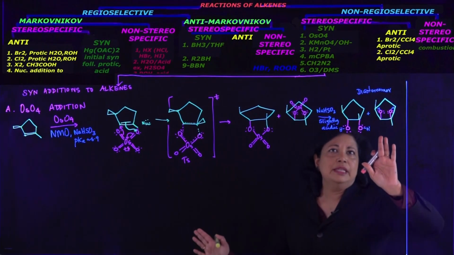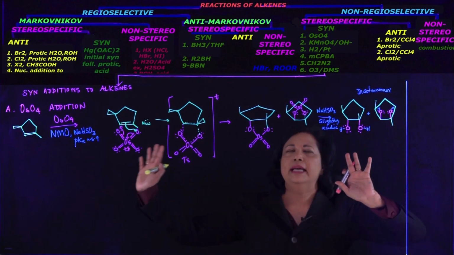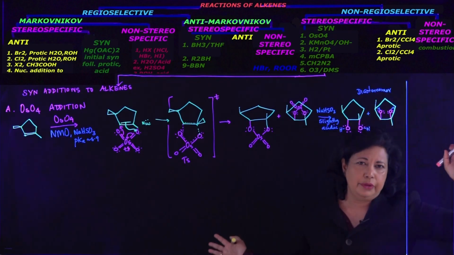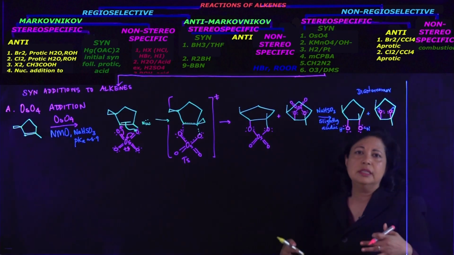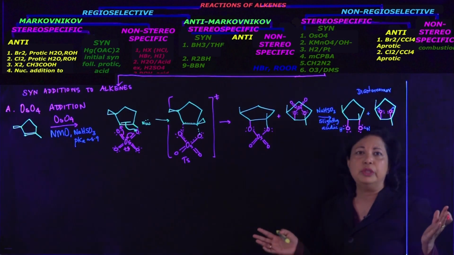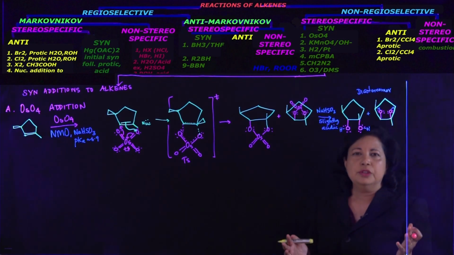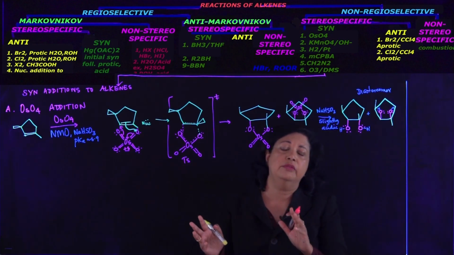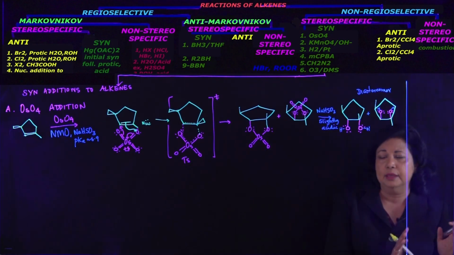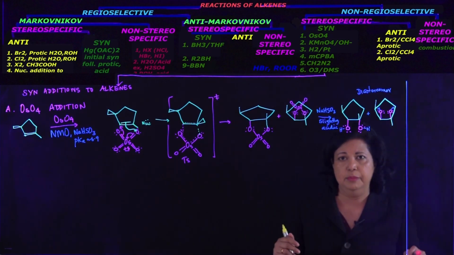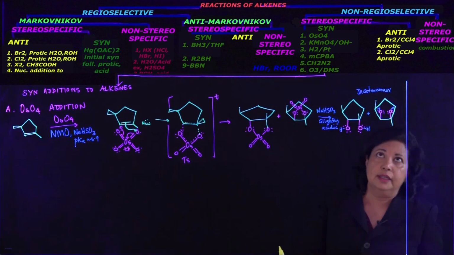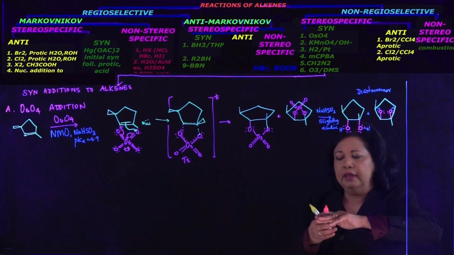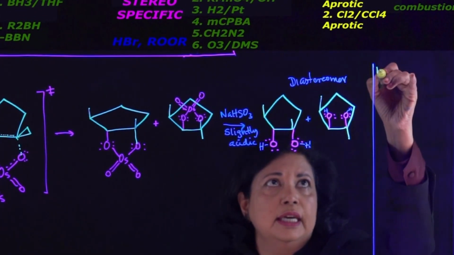Just to let you know that there are really no rules that say you'll get a diastereomer every time. It really depends on the starting material. The symmetry, the regioselectivity depends on the starting material. A certain stereoisomer would only give rise to another particular type of stereoisomer. That's what we really mean by stereospecific. A certain type of stereoisomer gives rise to only a certain type of stereoisomer.